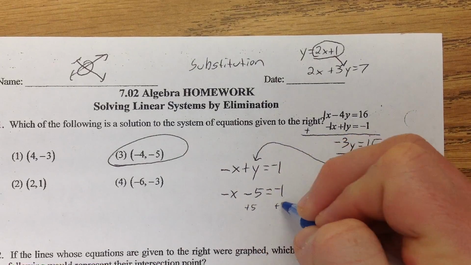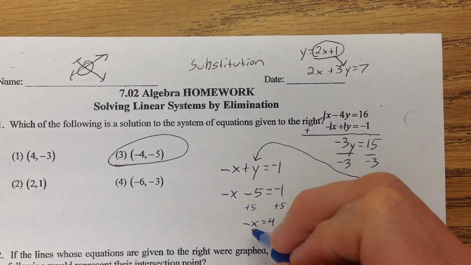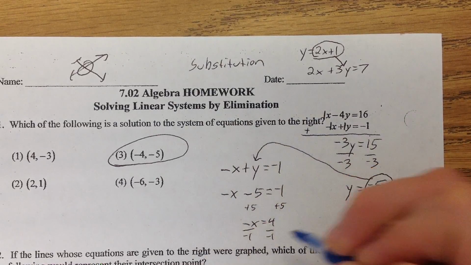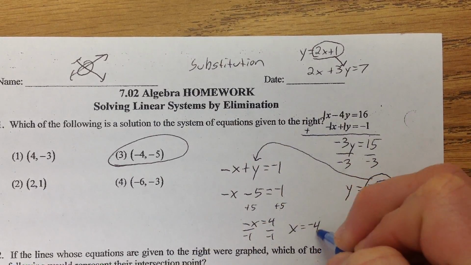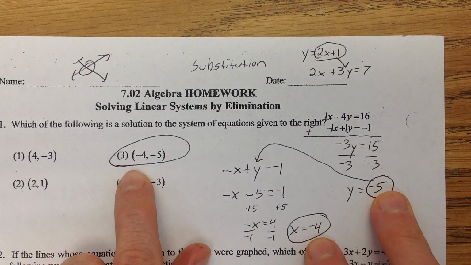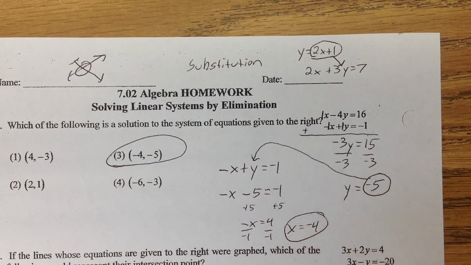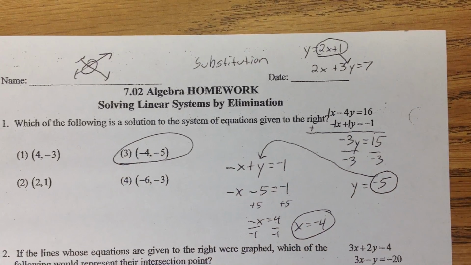Add 5 to both sides. Negative x equals 4. Divide both sides by negative 1, and x equals negative 4. So again, it does match up. You didn't really need to do the x here because there was only one that had a y of negative 5, but it's not a bad idea just to be safe.